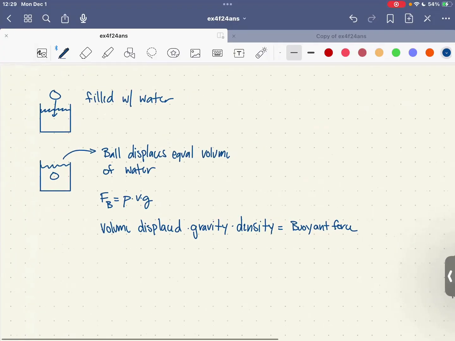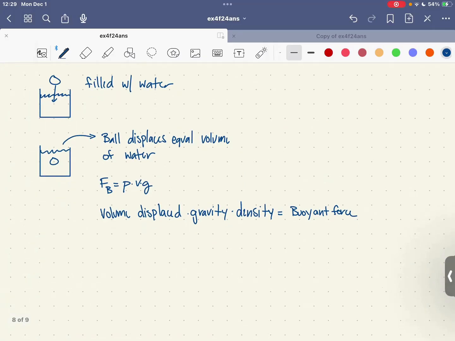And so essentially, when it displaces that certain amount of water, the amount of water equal to its volume, the weight of the water displaced is going to equal the buoyant force.